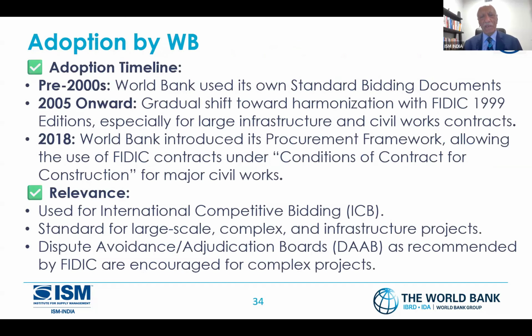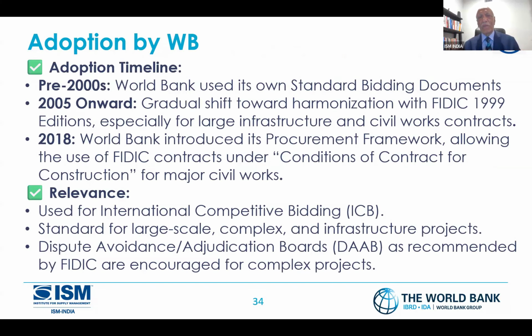Adoption by the World Bank. Pre-2000, you can say the World Bank was using their own standard documents. Still they do it. If any of you are funded by the World Bank, African Development Bank, Asian Development Bank, they use their own standard bidding documents. But from 2005 onward, they're doing harmonization with FIDIC.